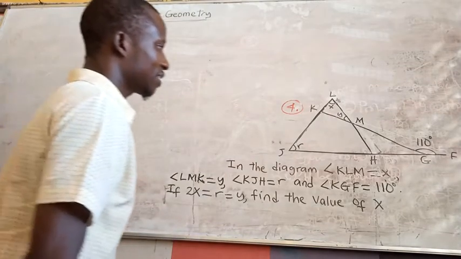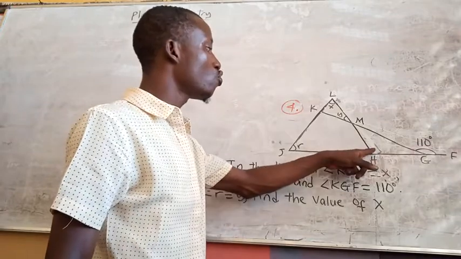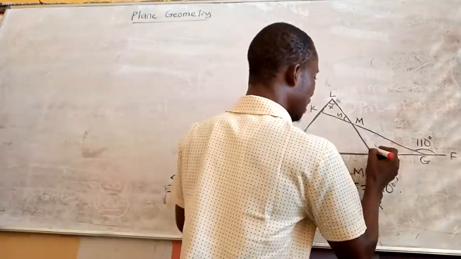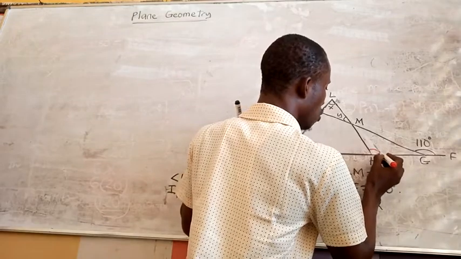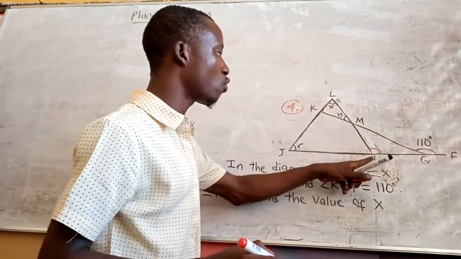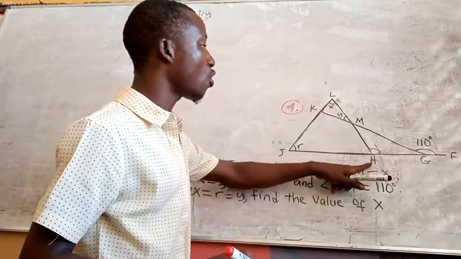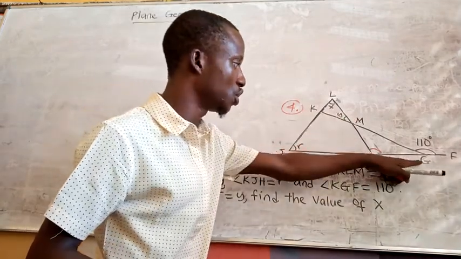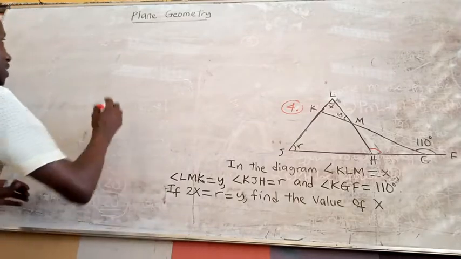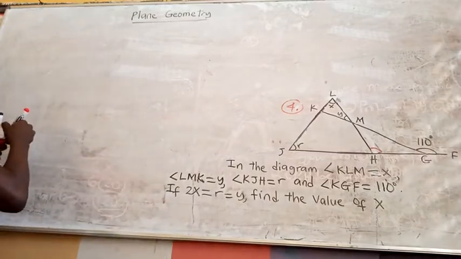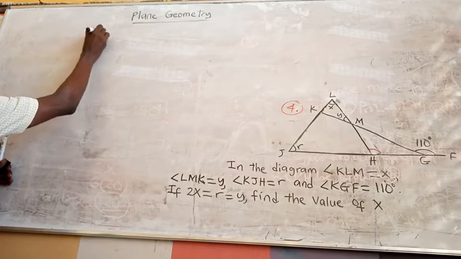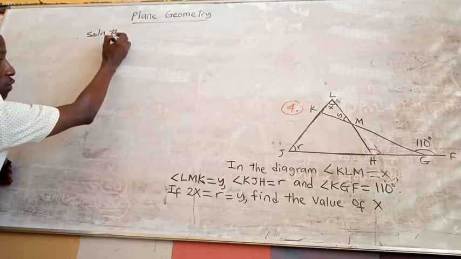To get started, let us name the unknown angle here angle MHG. Solution number 4.